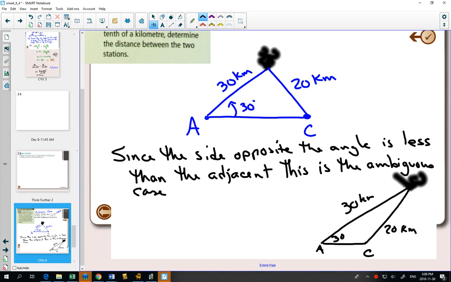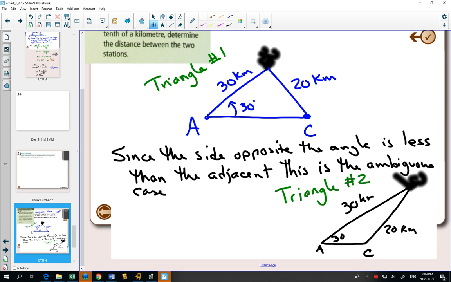And our smoke's still rising up over there. Okay? So draw both your triangles. Triangle number 1, triangle number 2.